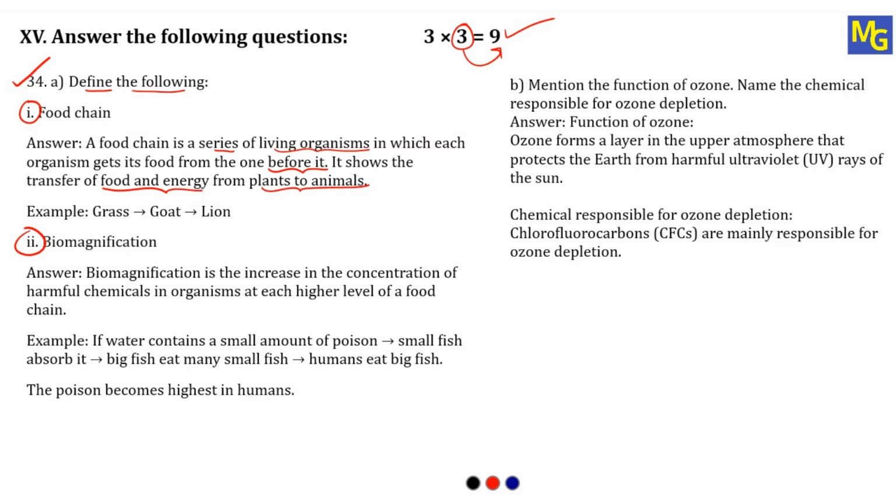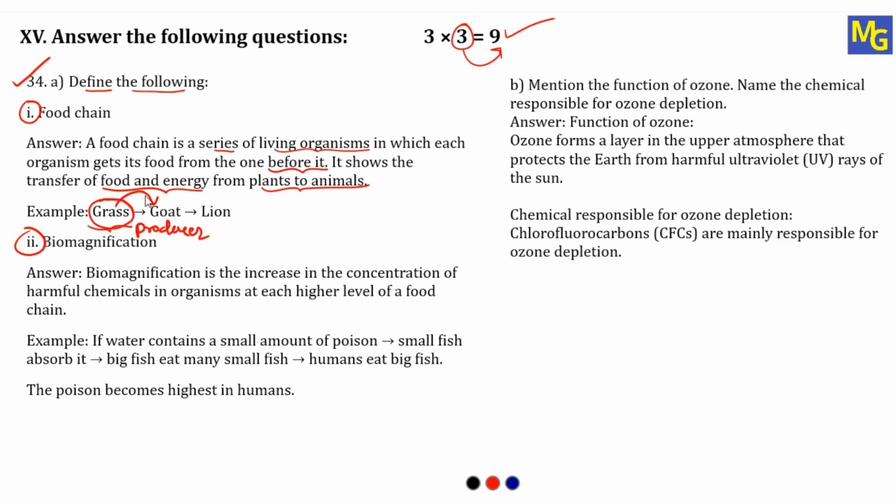So very simple. In case of a food chain, always remember, first there will be a plant. You can see here I have given an example. They have not asked for any example, we just have to define, but it is for explaining in detail. See here, the starting is the plant. Why the plant? Because it is a producer, it will produce food. On this plant, the next organism is dependent, that is the goat. So here I have taken a goat. The goat is getting food and energy from the organism one before it, that is grass.